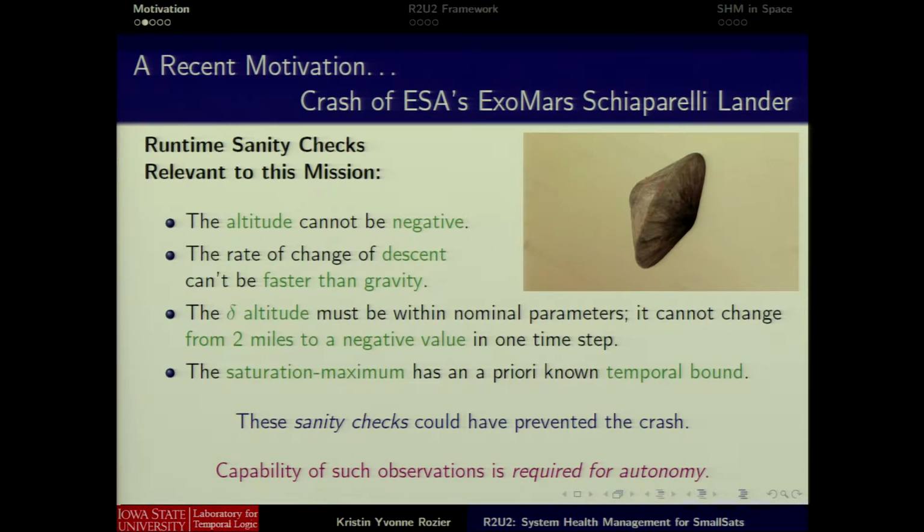Specifically, we can say that there are some runtime sanity checks that look like they would have helped in this situation. One of them is just having a sanity check saying that while you are descending toward the planet, your altitude cannot be negative, right? Altitude should be in a certain range. We expect this to be a positive real number, not a negative number, not a string, right?